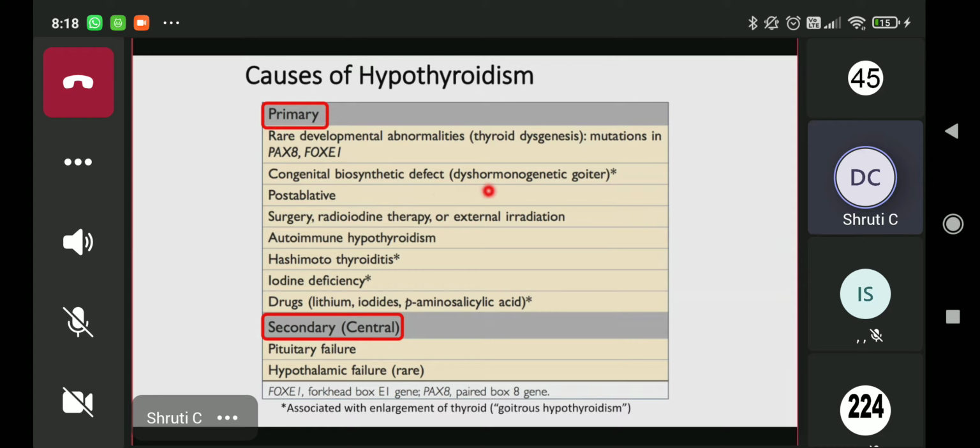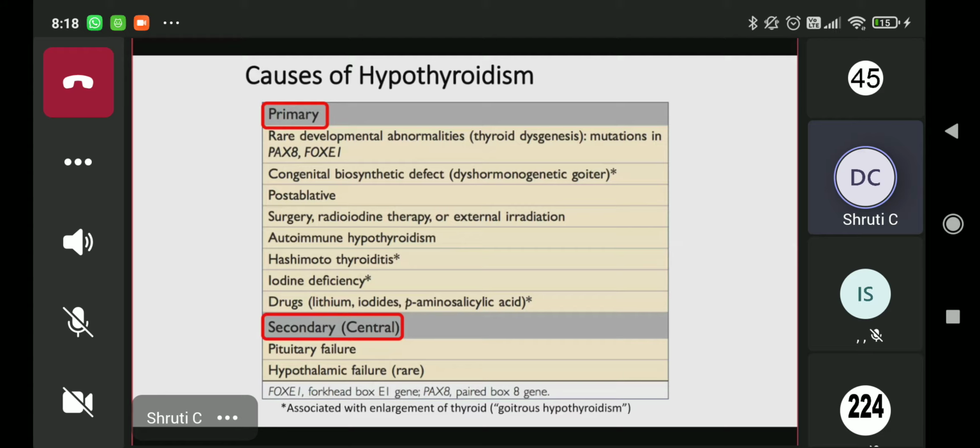There may be a defect in the hormone synthesis, this hormonogenetic goiter, or it could be due to some acquired causes, for example, surgery, radioiodine therapy, or external radiation post ablation, or they can be autoimmune causes. Hashimoto is quite common in the autoimmune causes, or it can be due to iodine deficiency and some drug intake.